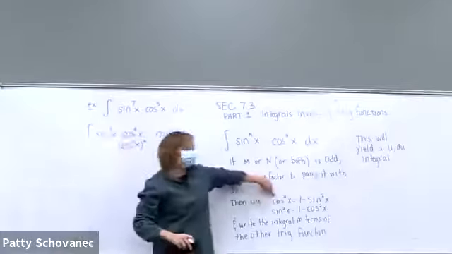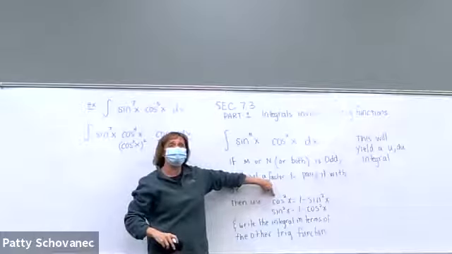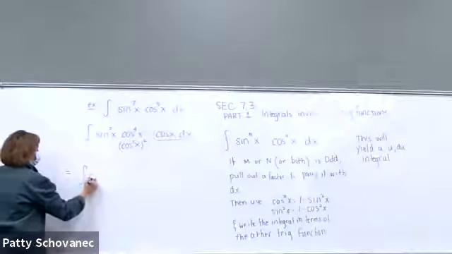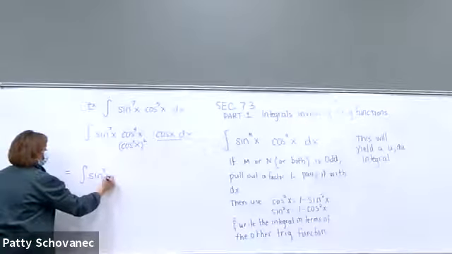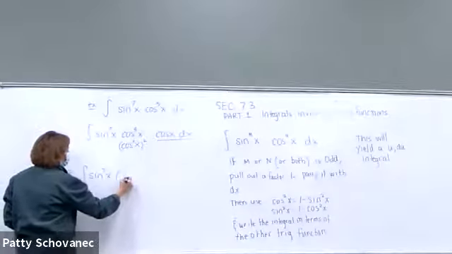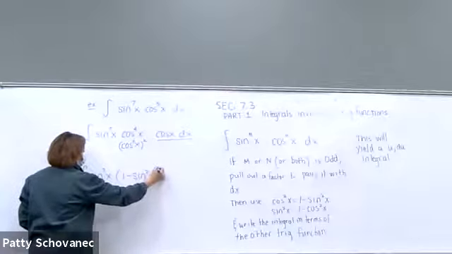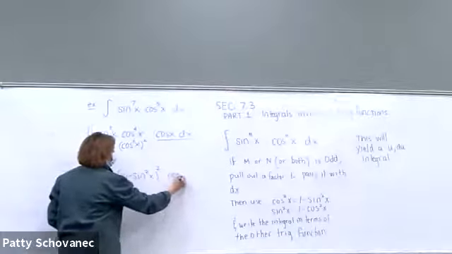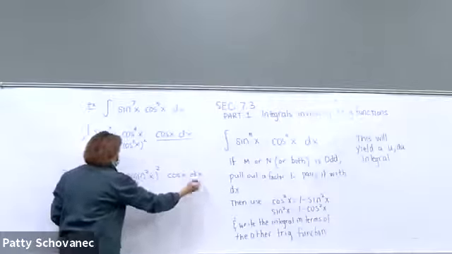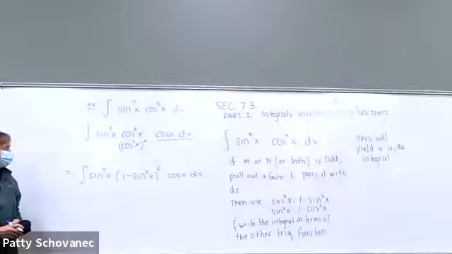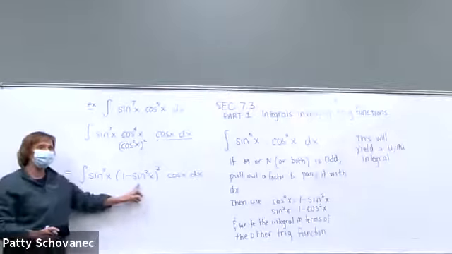Where cosine squared is 1 minus sine squared. So that's why I chose the lower power.